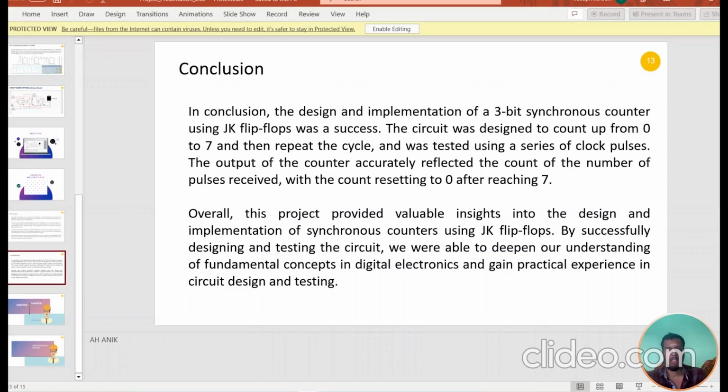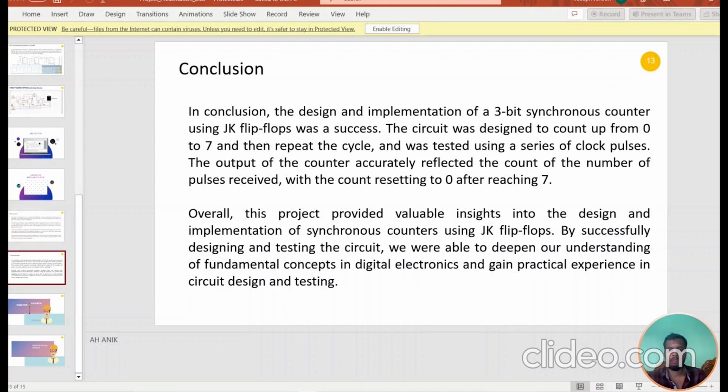And I am going to discuss the conclusion part. In conclusion, the design and implementation of a 3-bit synchronous counter using JK flip-flops was a success. The circuit was designed to count up from 0 to 7 and then repeat the cycle. It was tested using a series of clock pulses. The output of the counter accurately reflected the count of the number of pulses received, with the counter resetting to 0 after reaching 7.